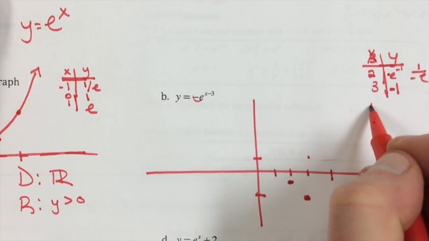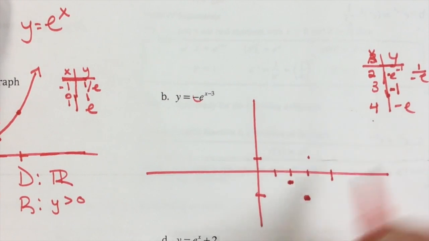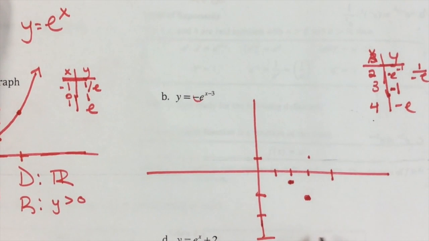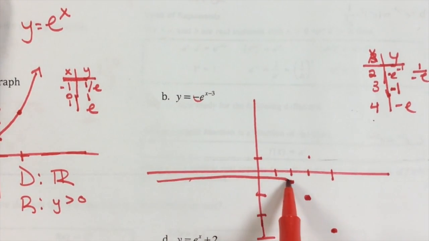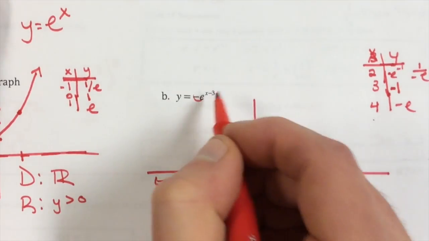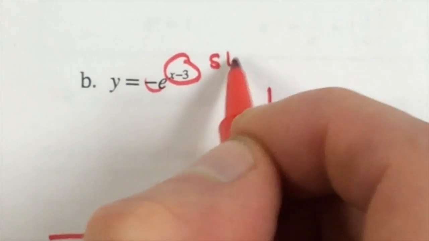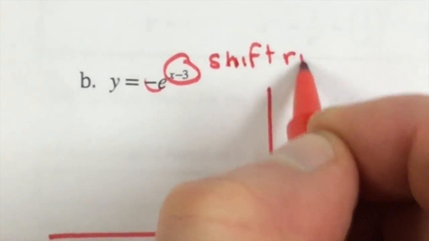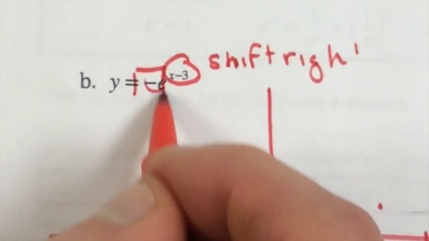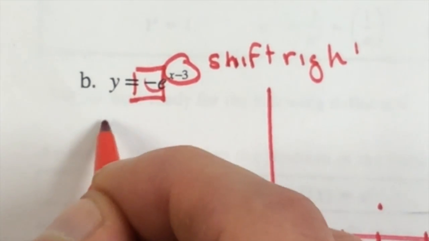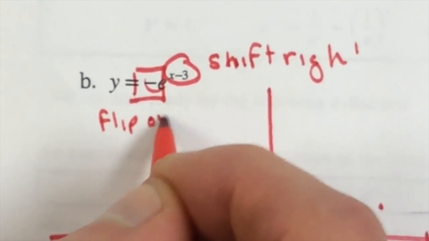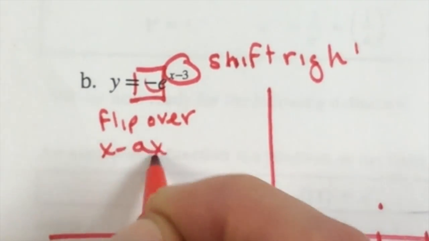If I plug in 4, I get -e out, so that's between -2 and -3. So look what I have here. I have my graph flipped. This x minus 3 here, let's zoom in just a little bit, that's my shift right. And this negative in front gives me my flip over the x-axis.